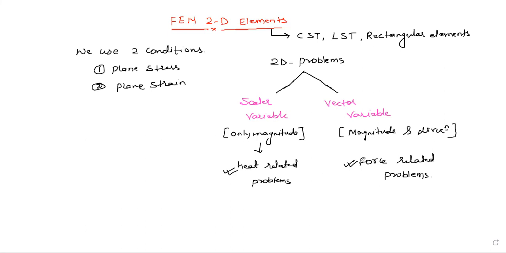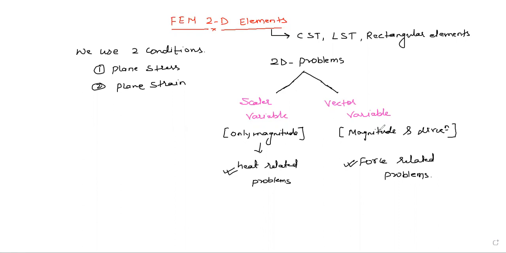We are finding unknown forces, we are finding stresses, right? So these all are your forces we are finding. Force is what? Vector variable, vector quantity, right? So that is why this type of problem will be called as vector variable problem. So whatever the problem we will come across, that all will be vector variable problem, because we are going to find unknown forces. If the same thing mechanical people will use, they will find these heat related problems, they will find the heat, so that will be called as a scalar variable problem.